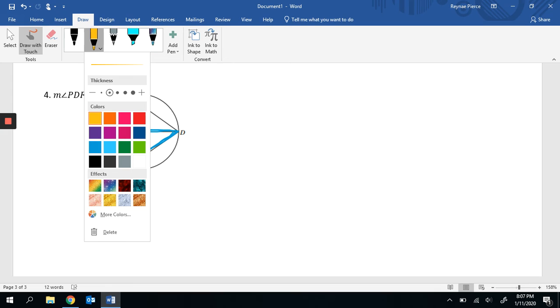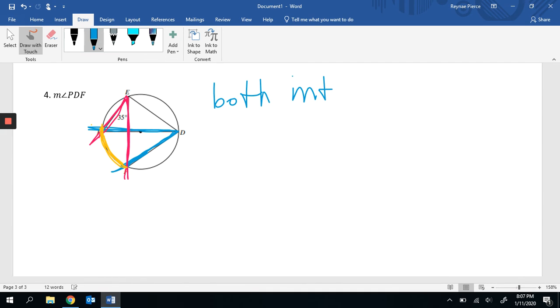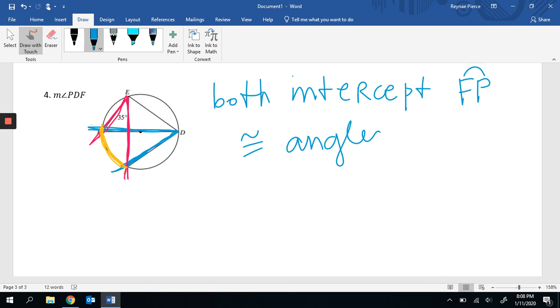Since those two angles intercept the same arc, the angles are congruent. So the measure of angle PDF is the same as the measure of angle FEP, which is 35 degrees.